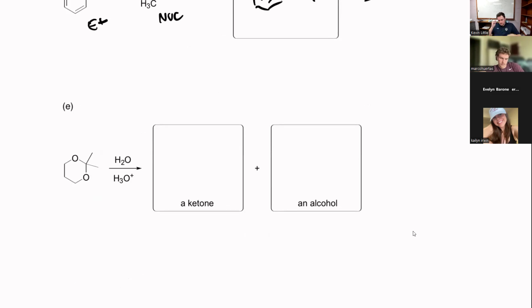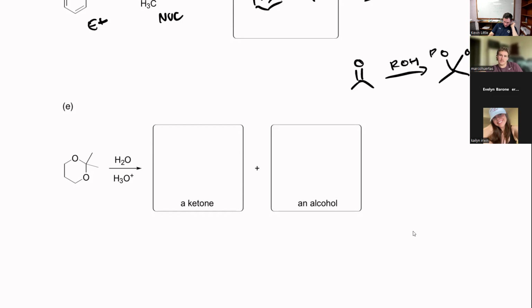Okay, this one's a little tricky because I haven't taught you this. If I've got a carbonyl and I add alcohol, what's going to happen? It's going to give you an X shape with two oxygens at the top.